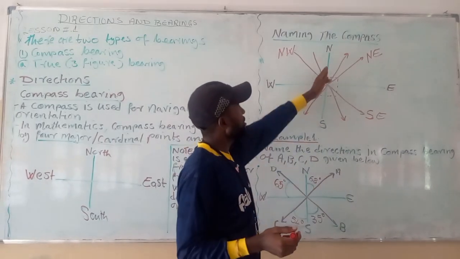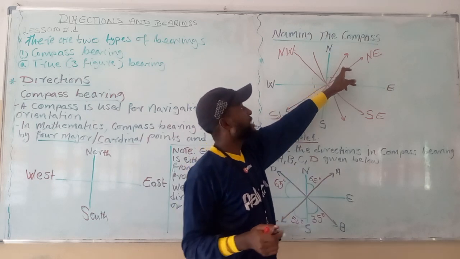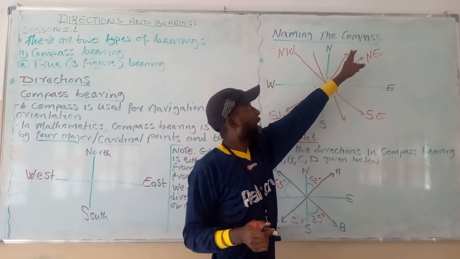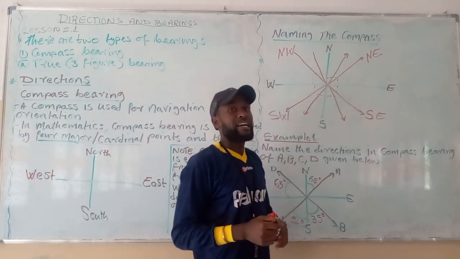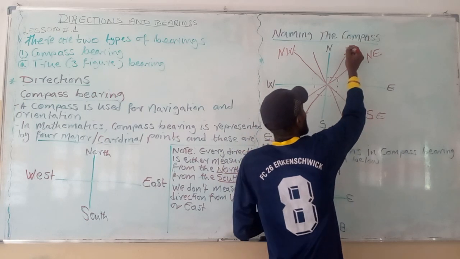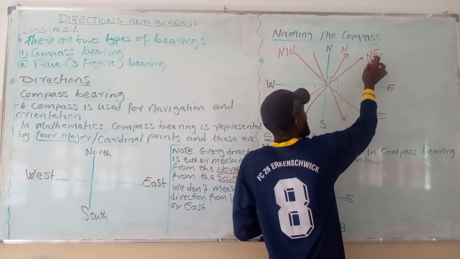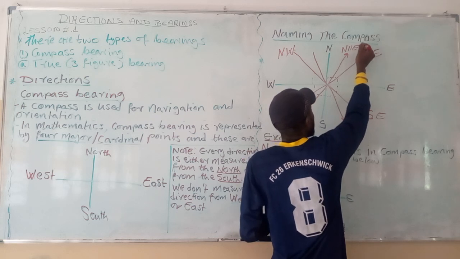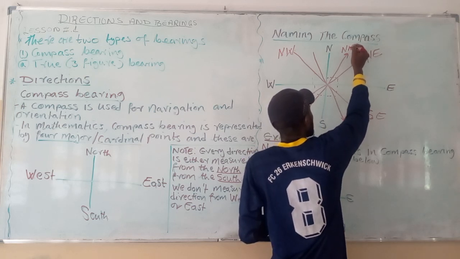Now look at this direction. It is in between north and northeast. So what will this direction be? Of course, we have north there, so we put our north here. Again we have northeast, so we put northeast there. So this direction will be north, northeast.